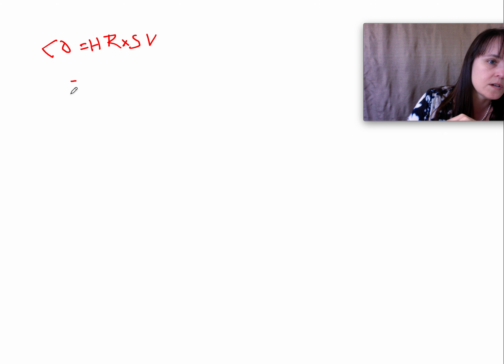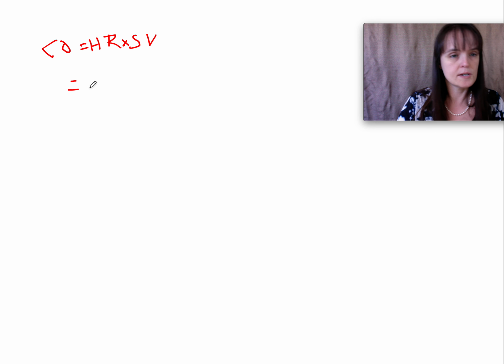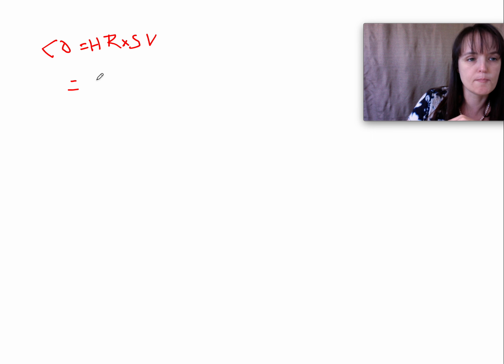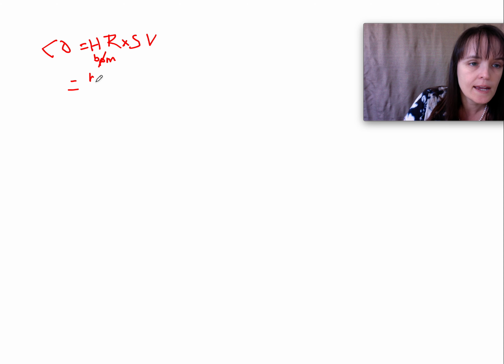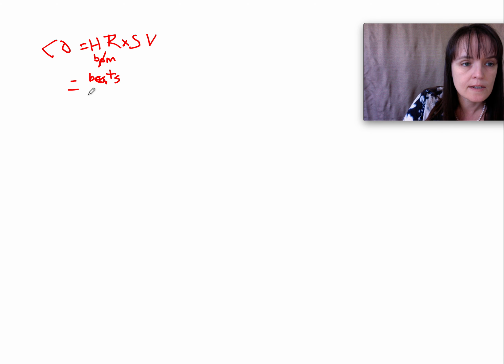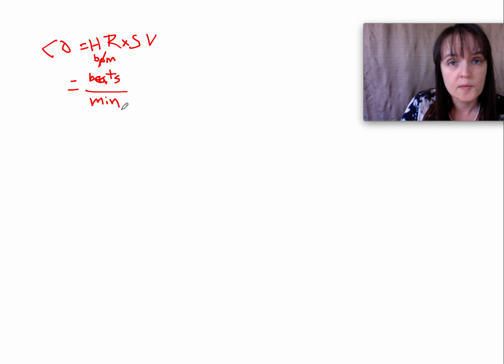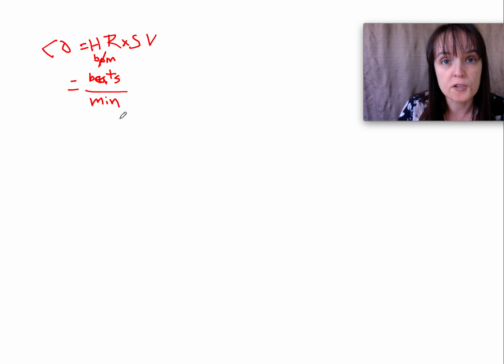Heart rate is measured in beats per minute, which can be written as BPM. But the per really means divide, beats divided by minutes. So we can write that as beats over minutes, because a fraction is really just a division problem.